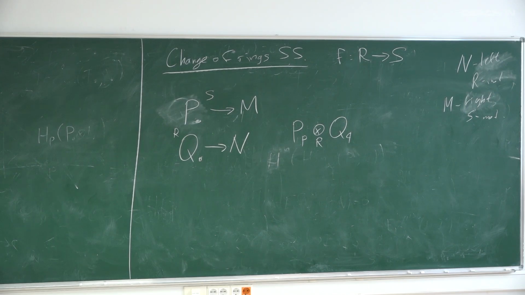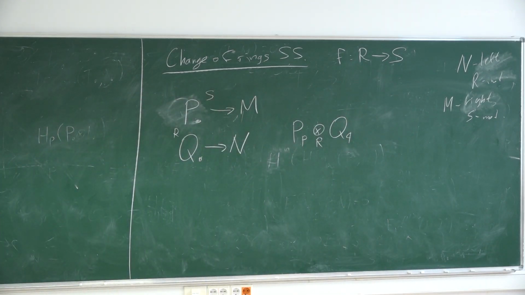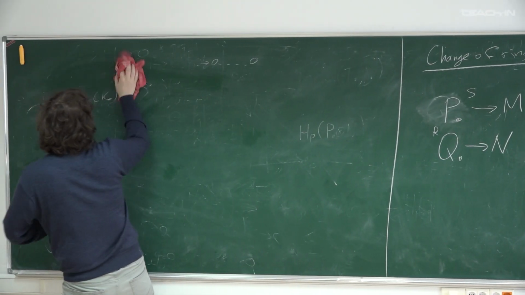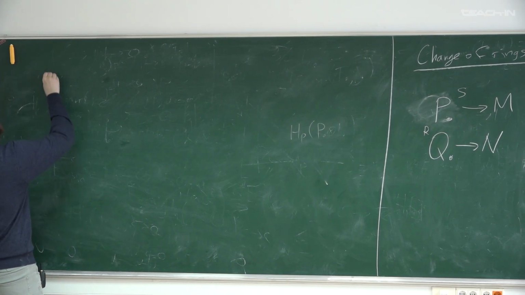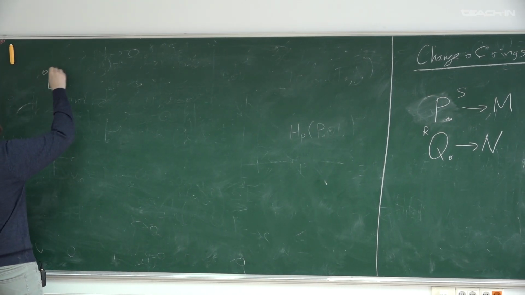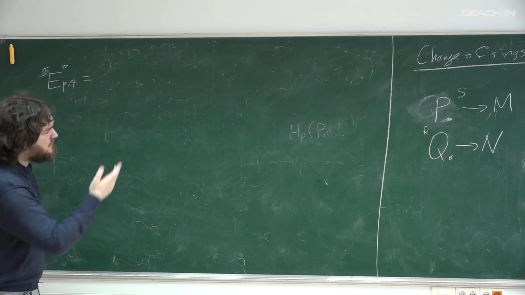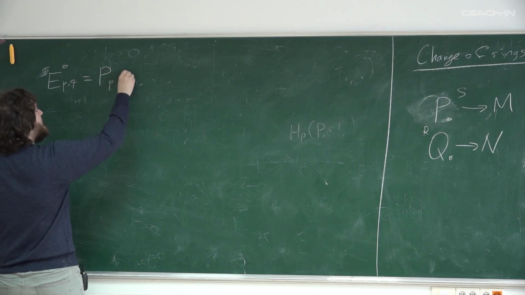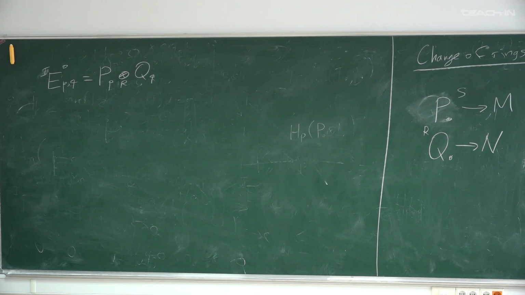And now I want to consider two spectral sequences of this B complex. One of these spectral sequences, the first one, has these elements P, R, U, Q with vertical differential.